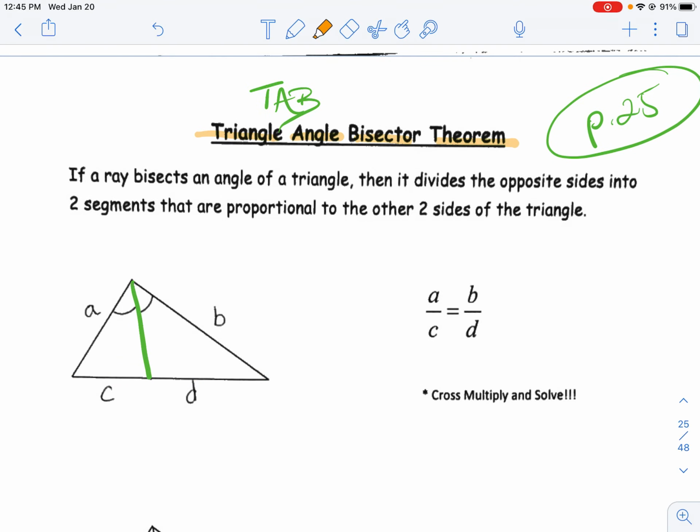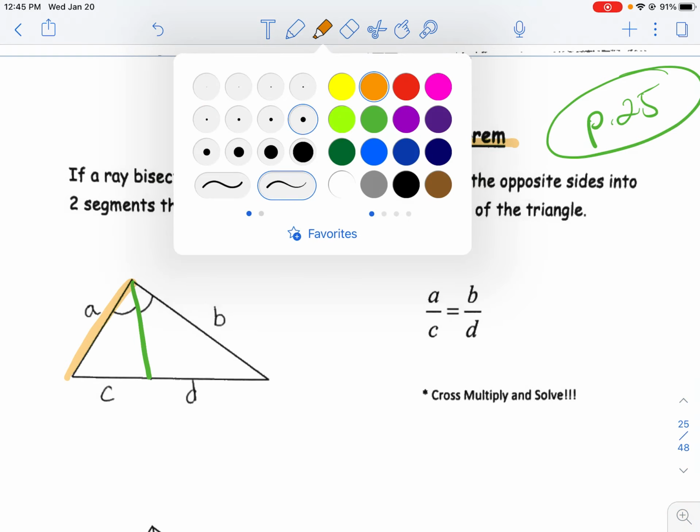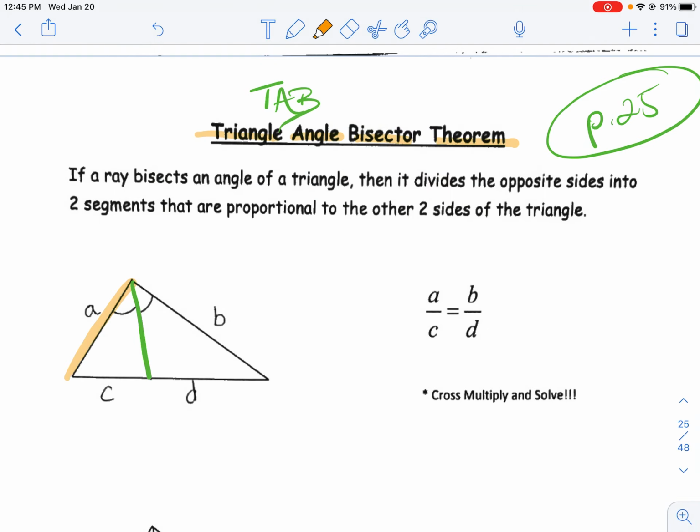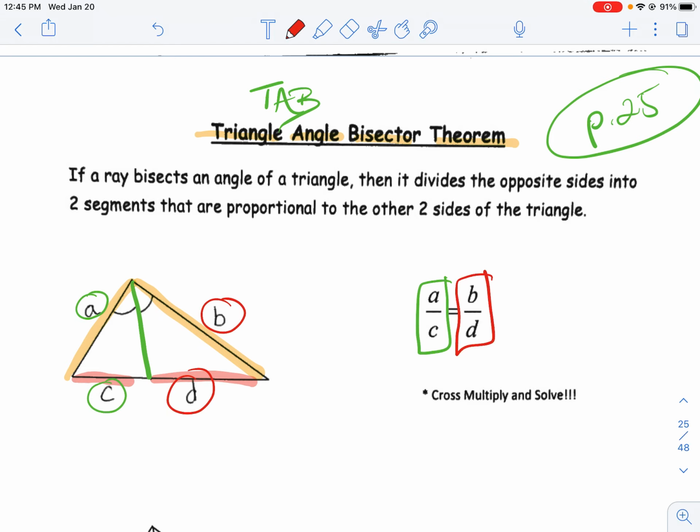So this side is in ratio to this side, and then these two sides are in ratio, which gives us a nice proportion. Okay? So if I'm in my first triangle, A over C equals B over D, which is right here.